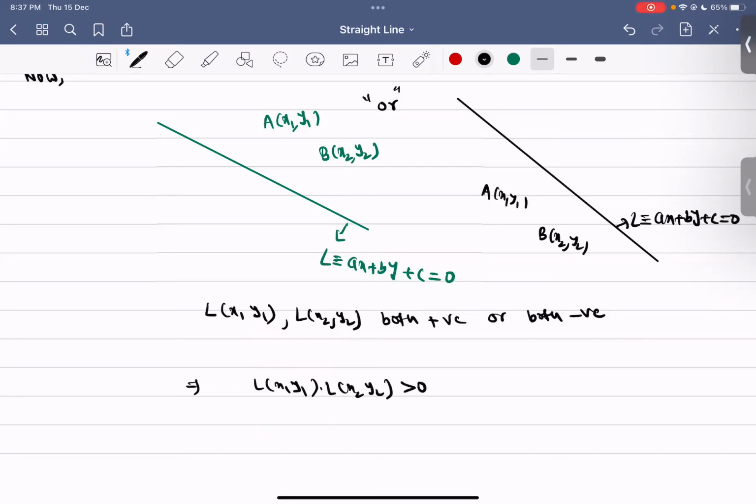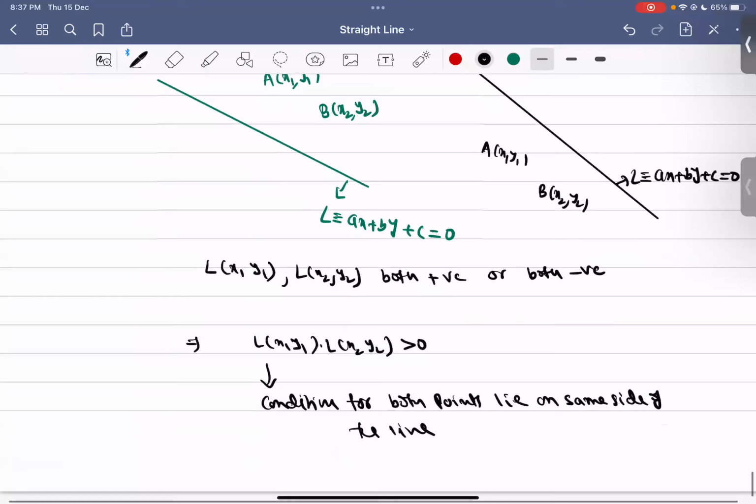So this is the condition for both points lying on the same side of the line.